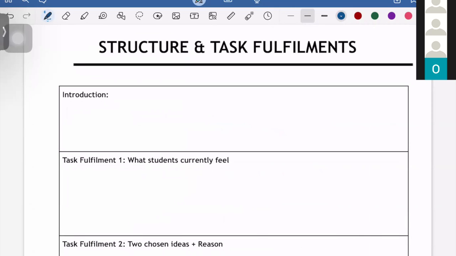Okay, structure and task fulfillments. Introduction, very important. This is your proposal to the principal. Make sure that you are stating your purpose and your context here.